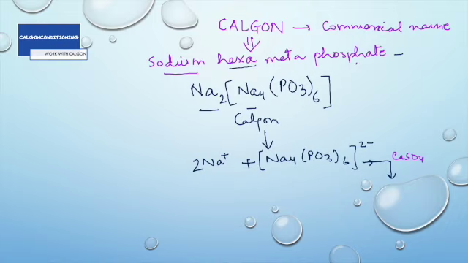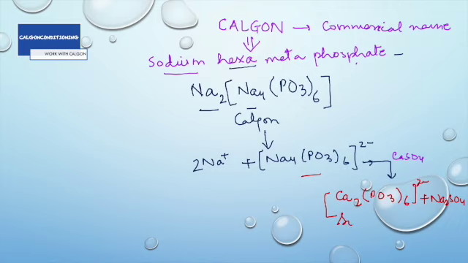So when the Calgon is added to the water, it gives us these ions, and the anion comes across the calcium sulfate and converts it into Ca2 (PO3)6 with a minus 2 charge, plus definitely Na2SO4 will be formed.